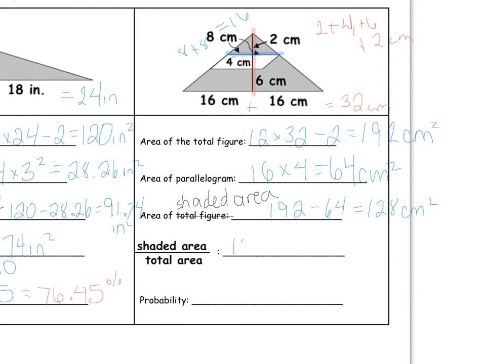So the shaded area is 128 centimeters over the entire area of 192 centimeters, meaning that we are at approximately 0.6667, which is approximately 66.67%.